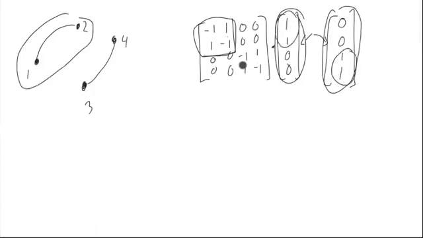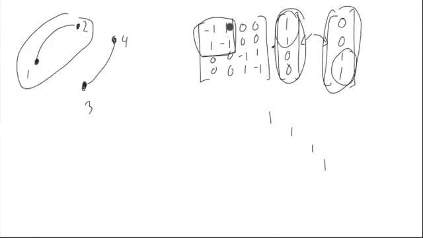Now, let's consider what happens when we find the Smith normal form of this, and let's consider what kind of column operations we use. First of all, we're going to apply the column operations to the identity matrix here.